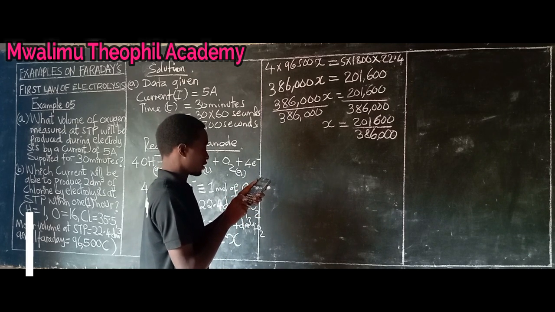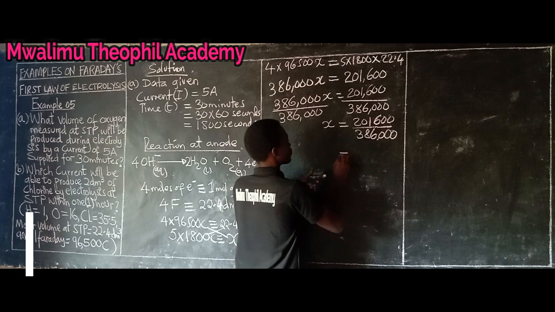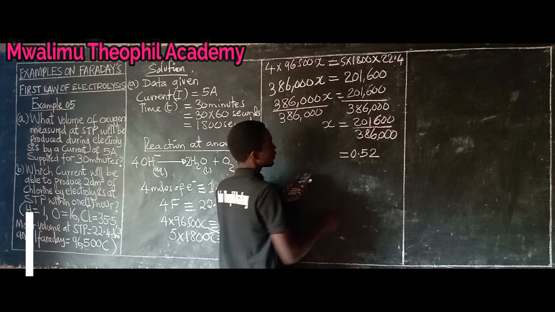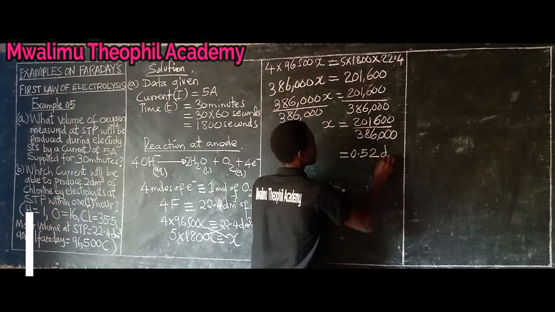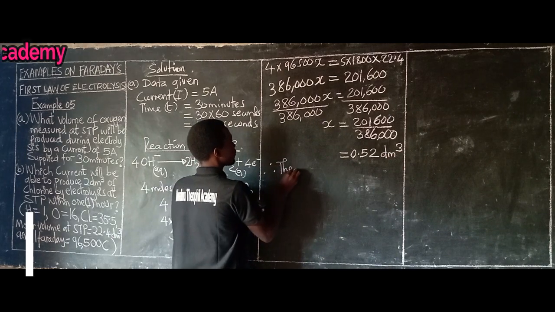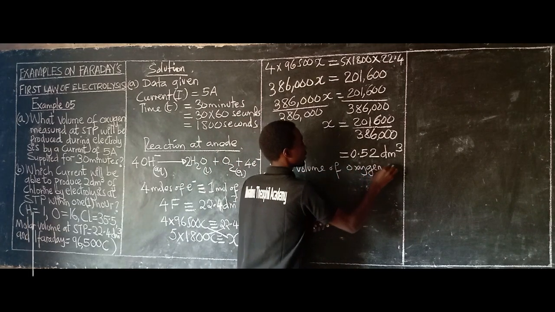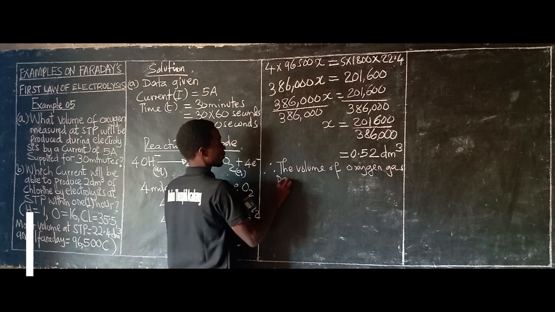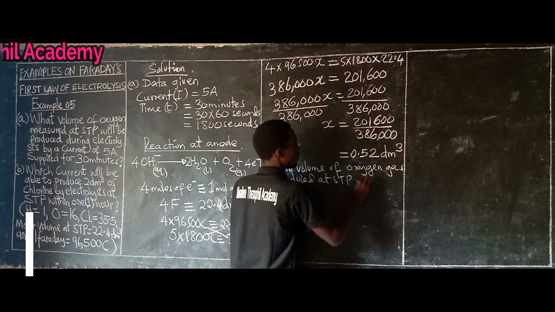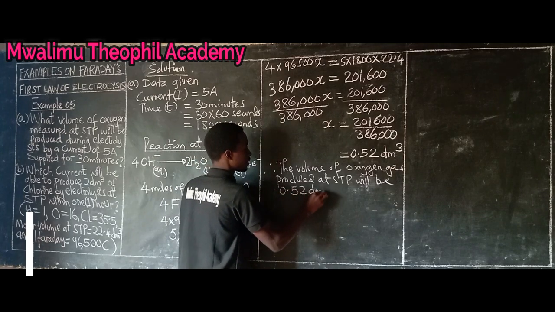Now let us see the value we get. 201,600 over 386,000 is equal to 0.52. This is in terms of decimeter cubed. So we say the volume of oxygen gas produced at STP will be 0.52 decimeter cubed.